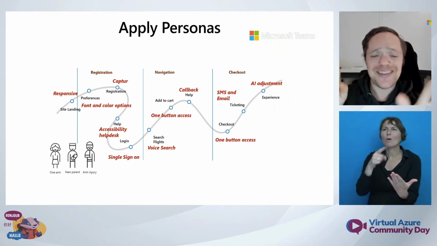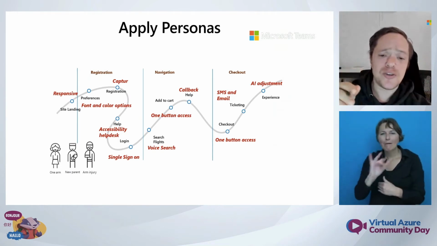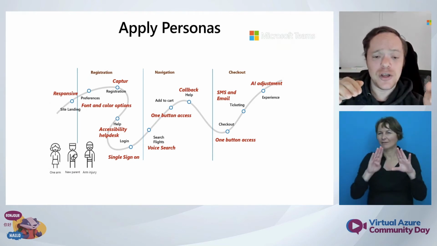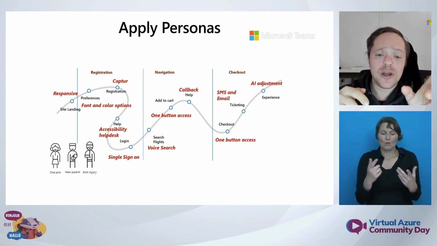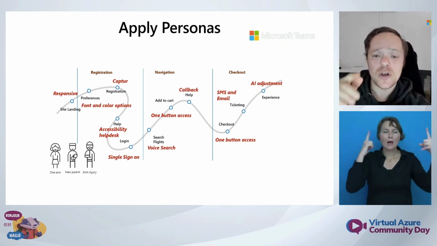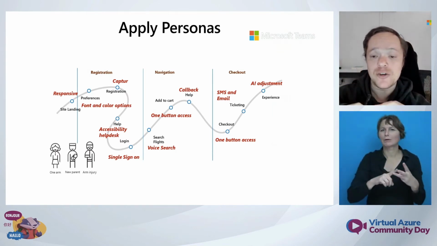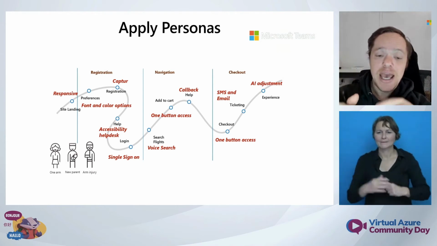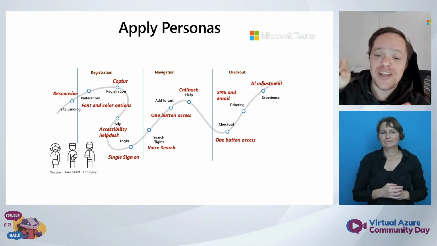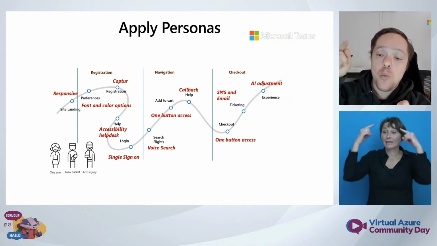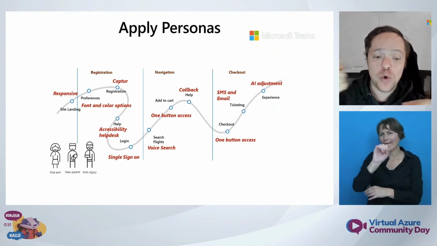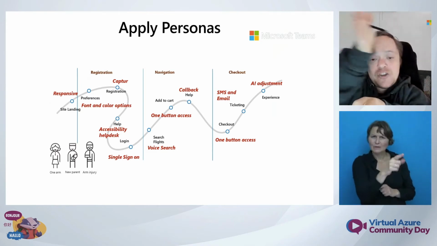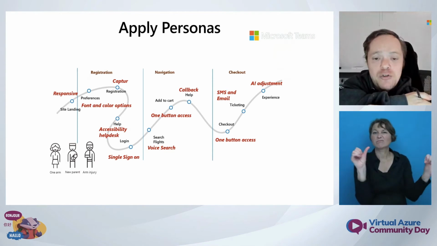For the help, accessibility help desk. For login, a single sign-on. In navigation, for search flights, voice search. One button access for add to cart, callback help for navigation, then checkout, one button access, SMS and email for ticketing. And finally, remember we said learn from diversity, AI adjustment to understand what the requirements of the individuals are, what worked, what didn't work, and then get the AI to actually adjust and create empathy.